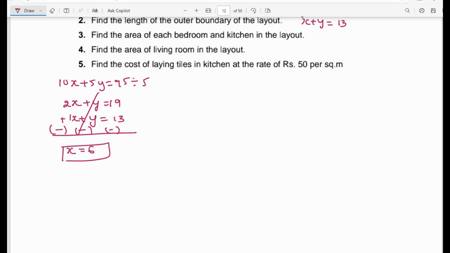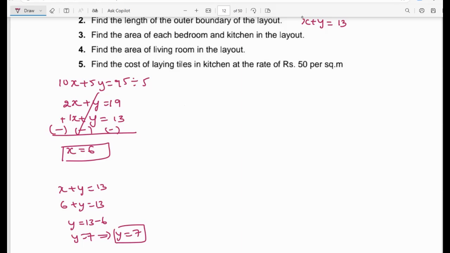So x plus y is 13, so 6 plus y is 13. So y will be 13 minus 6, so y will be 7. Now they're asking you to find the area of each bedroom and kitchen.